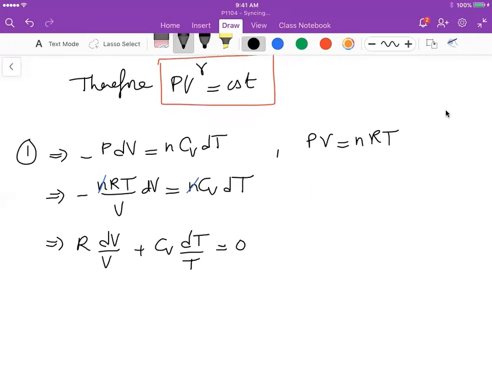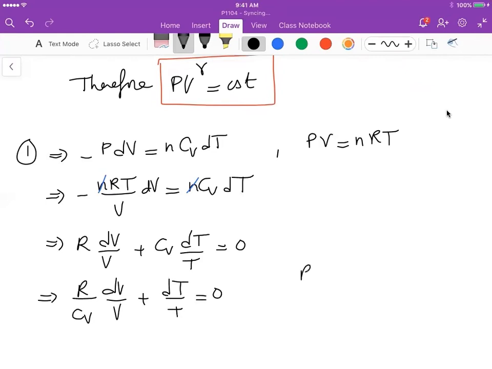Okay, now we can actually divide R by C_V, so we get here R over C_V dV over V. That means we keep this factor in only one of the terms, not in both. So R over C_V dV over V plus dT over T is equal to 0.